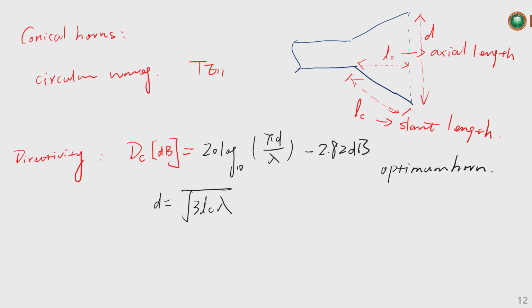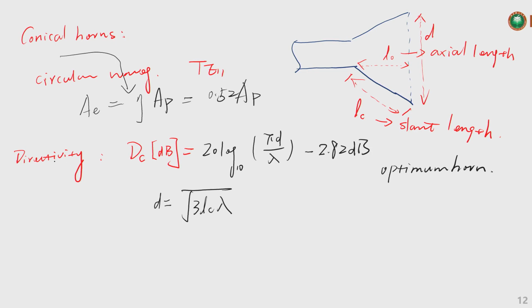As we previously mentioned, the effective aperture has a relationship with the physical aperture, there is an efficiency, and for the conical horn, the efficiency equals 0.52 times the physical aperture.